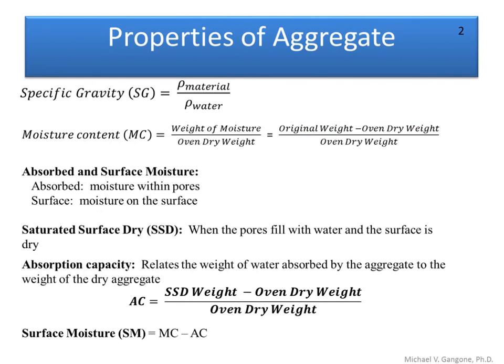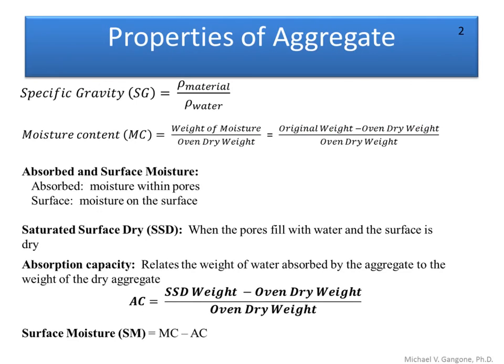Surface dry, that's basically when the pore spaces of the aggregate are completely filled with fluid, say, water, but the surface is dry. Okay, so all those little micropores within the aggregate are filled with water, and the surface of the aggregate is dry.